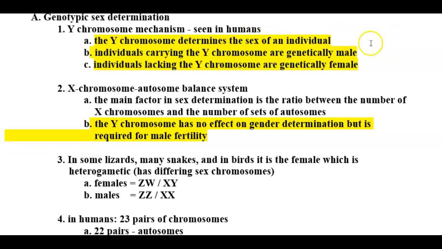The male, XY, we call that heterogametic, so they're not homologous. Here, let's talk about birds. It is the female which would determine the gender of the offspring, because the female would be the heterogametic. And sometimes you write it ZW, or male would be ZZ. That'd be comparable to XY and XX.